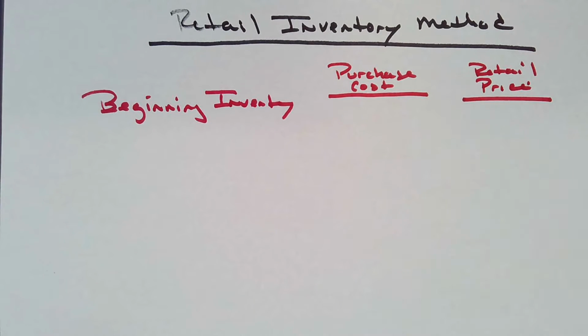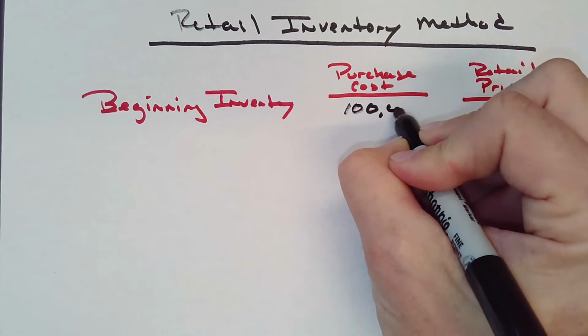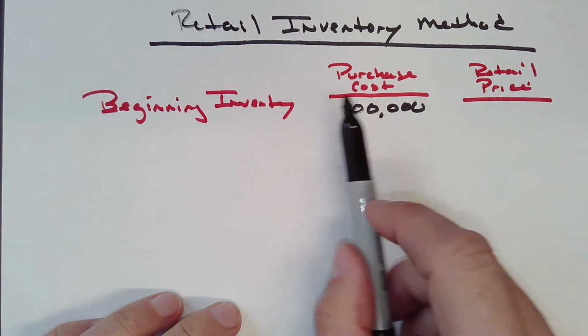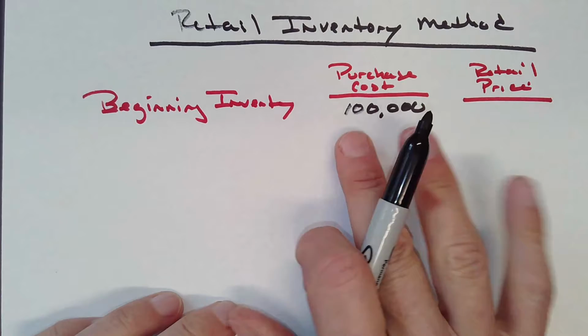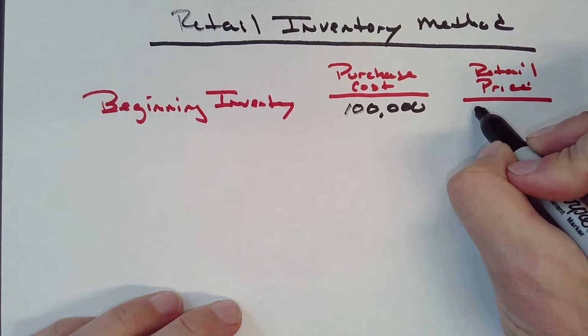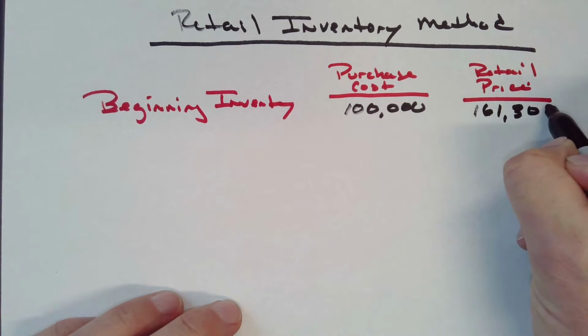So we'll start with a beginning inventory just for giggles. We'll say it was 100,000, and the retail prices on that 100,000, all those different units, I add up all what I would sell that for, came out to be 161,300.